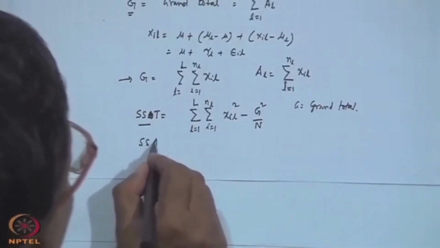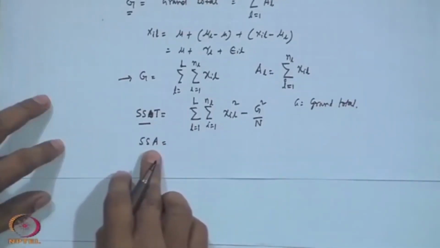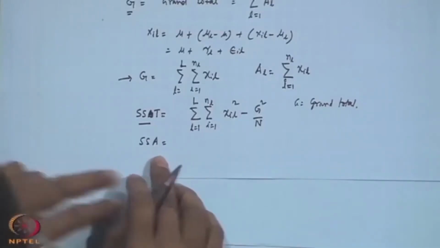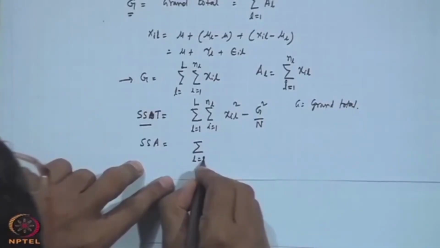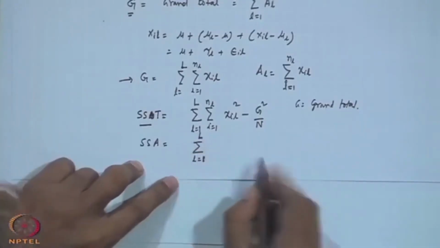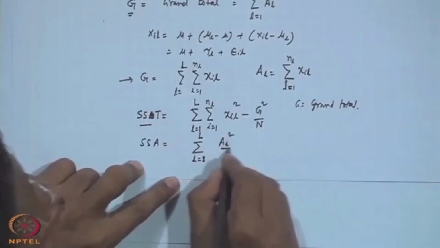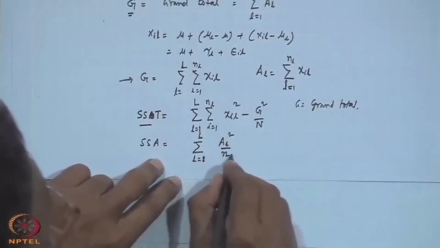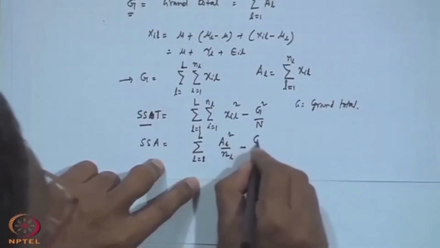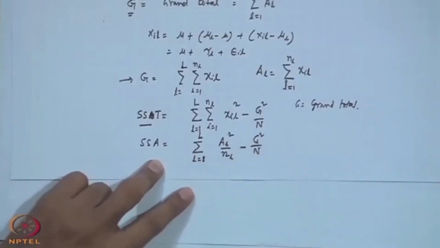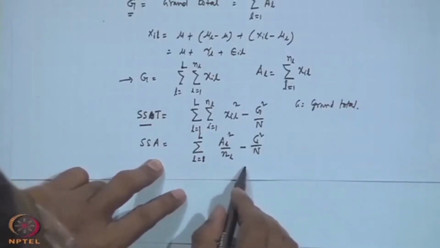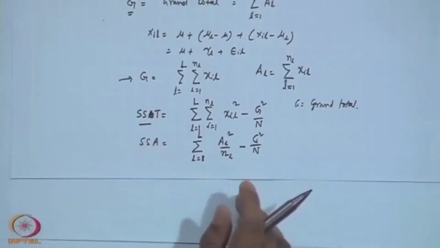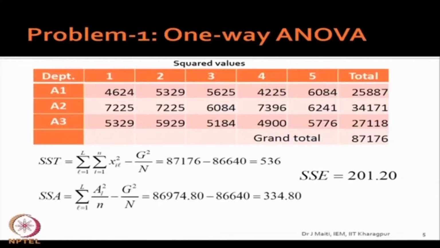Now, the sum of squares A means the population, we are defining that population A. This one is L equal to 1 to capital L, AL square divided by NL minus G square by N. If you see this slide, you see what we have written.